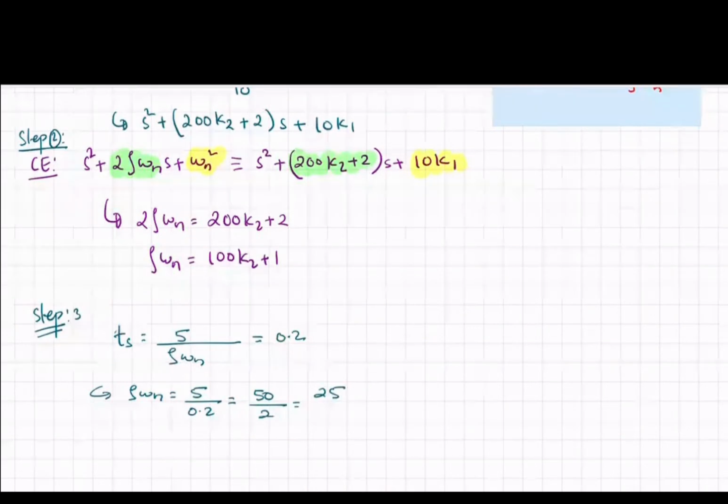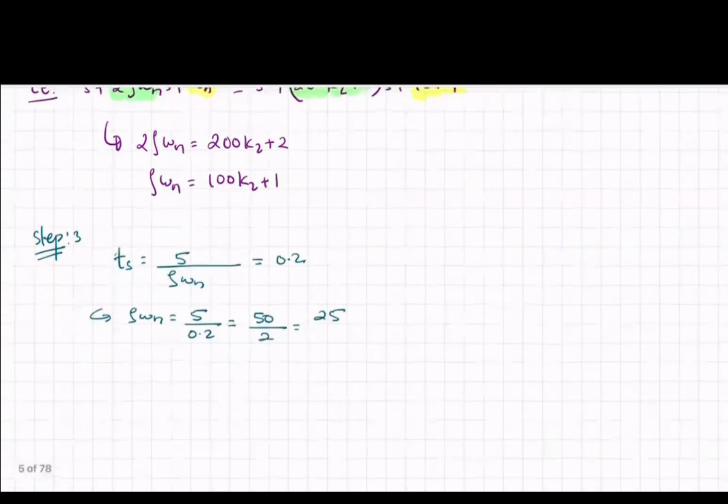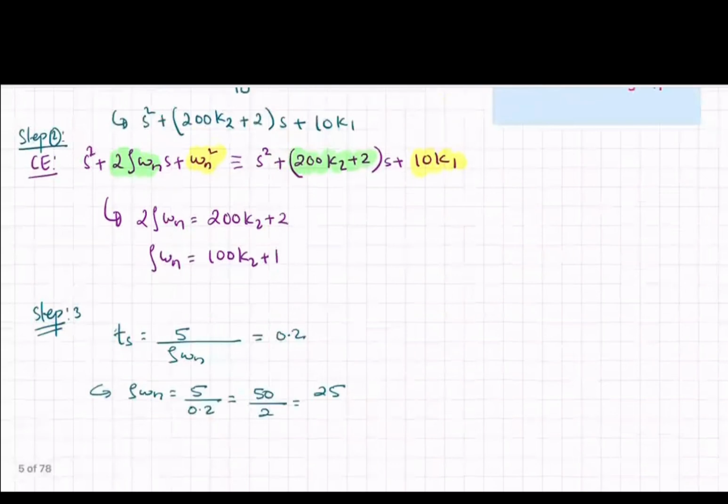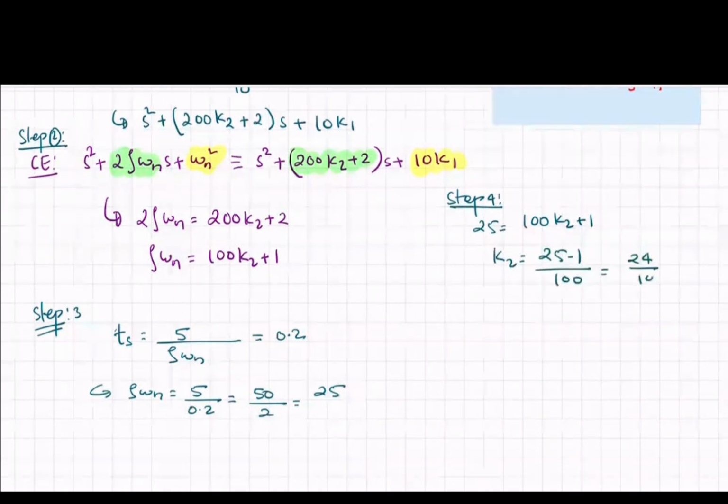So now that I have, from steps 2 and 3, the same expression for zeta omega n, I can equate them, and in step 4, I can say 25 is equal to 100 k2 plus 1. So k2 equals 25 minus 1 over 100, which is 24 divided by 100.